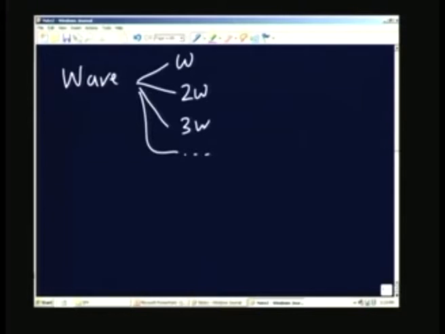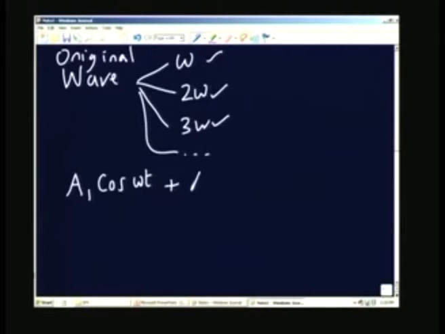That means that the original wave is now consisting of a certain fraction of this, a certain fraction of this, etc. That means that I can write it as A1 cos omega t plus A2 cos 2 omega t plus etc. Okay.